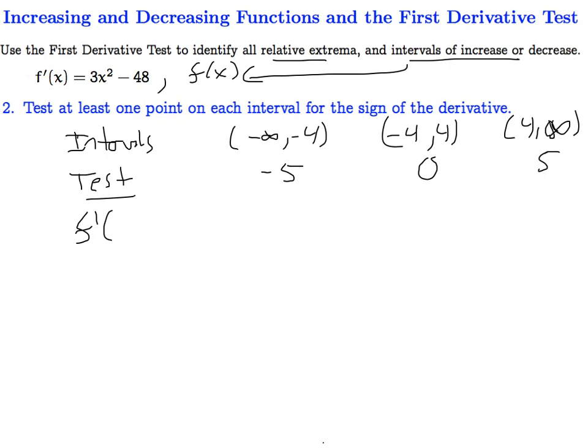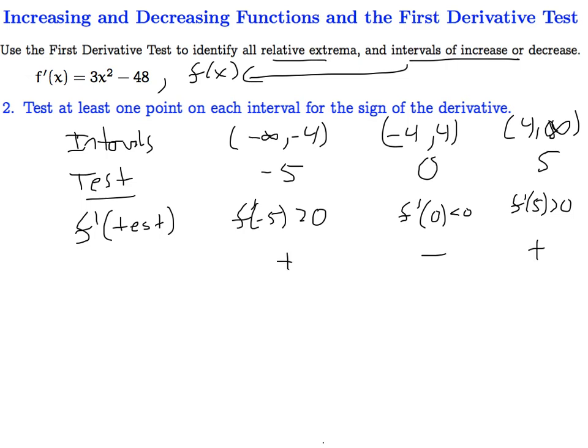So we take the derivative at our test point. If I put negative 5 into my derivative, I actually can't remember what number I get, but it's positive. If I put 0 into my derivative, it looks like it's going to be negative. And finally, if I put 5 into my derivative again, it's going to be positive. So overall I went positive, negative, positive.